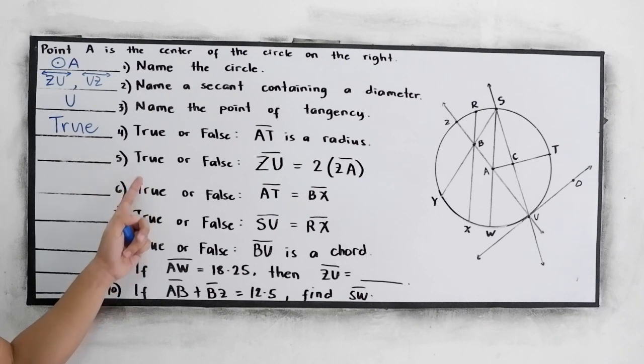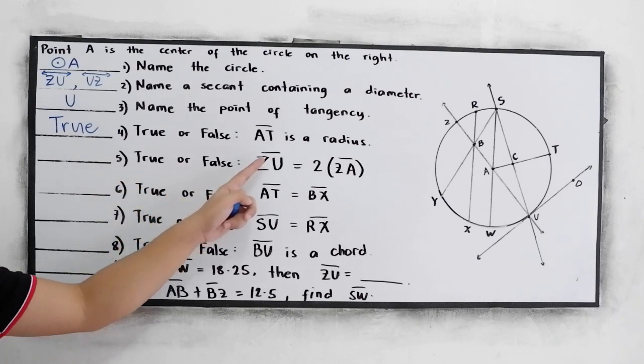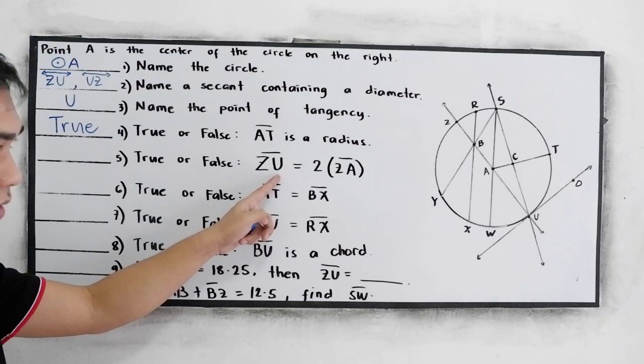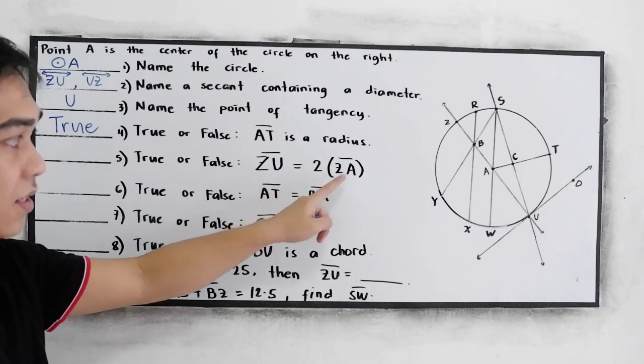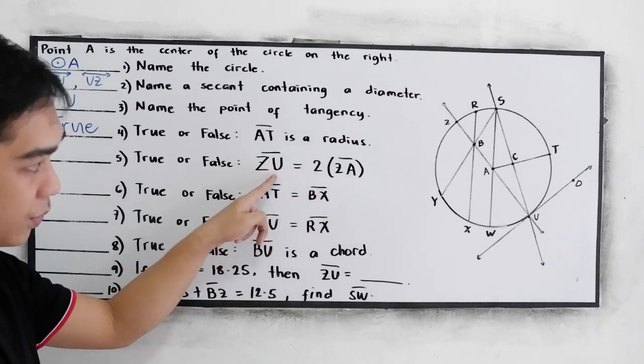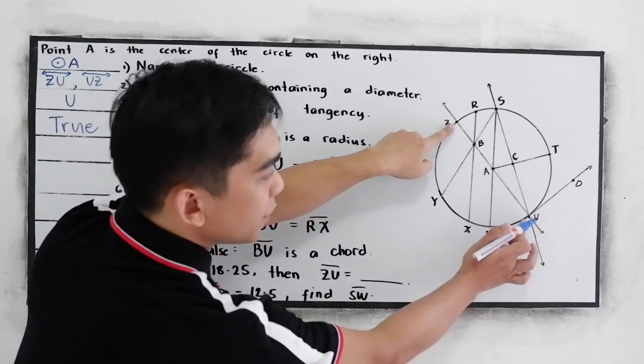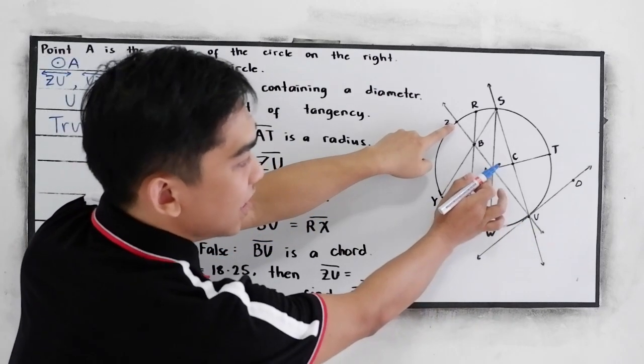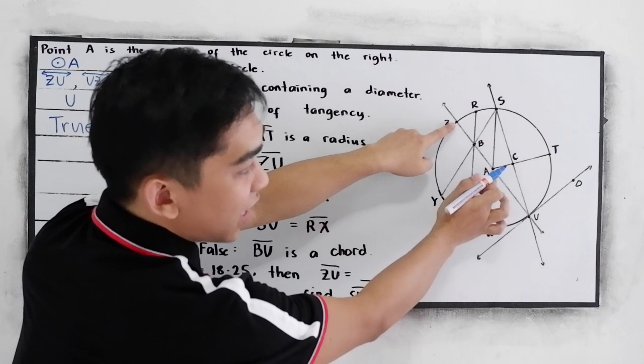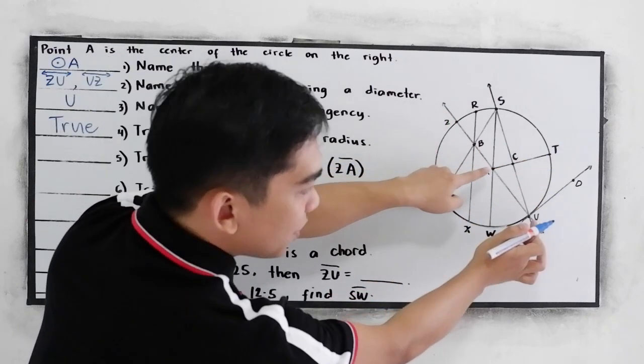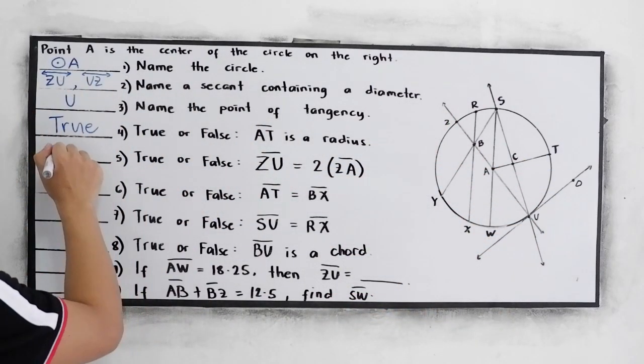Next, number 5. True or false? Segment ZU is equal to twice ZA. Where is ZU? ZU is twice ZA. So ZA is a radius plus another radius. Yes, it is true.